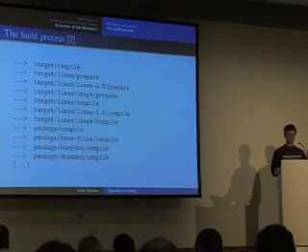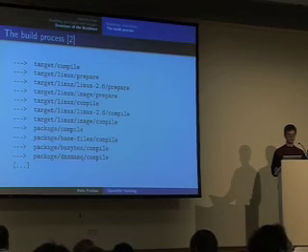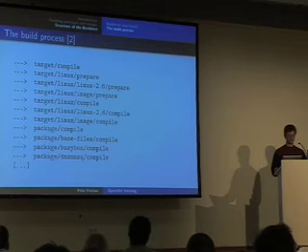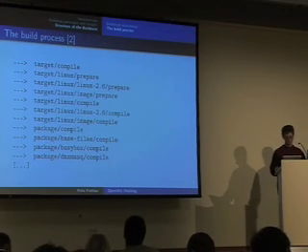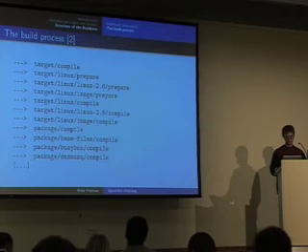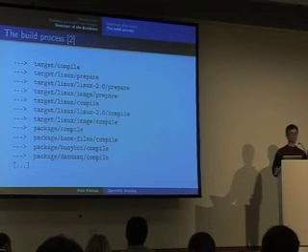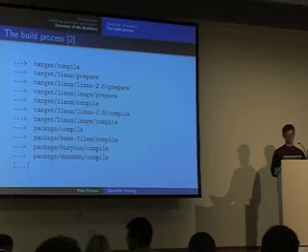Then the next step is to prepare all the tools that you need for creating the target image and actually compile the Linux kernel here. The order of these targets may be a bit confusing, but if you actually look at what these targets do, then it should be relatively clear.